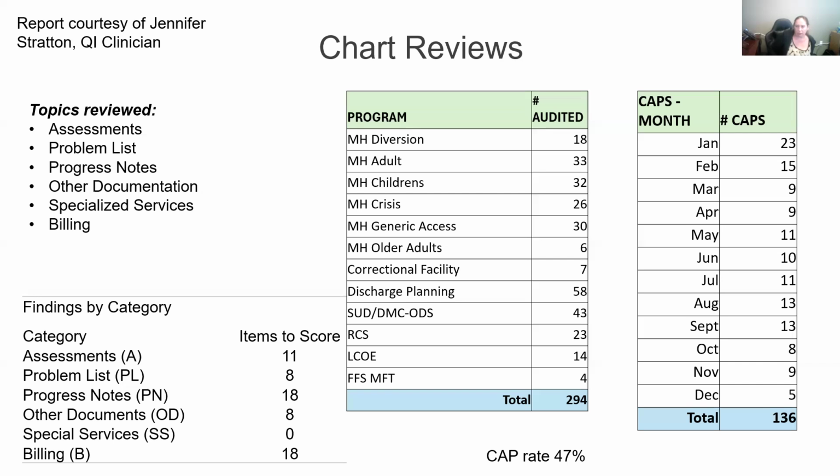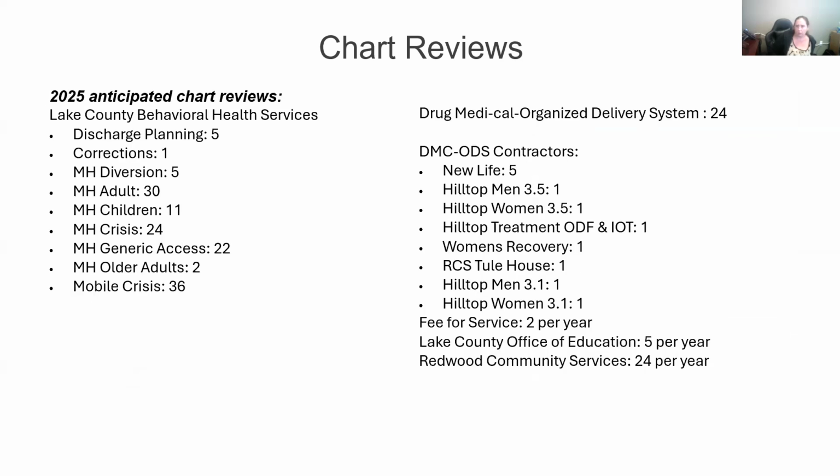And as you can see, Jen has been extremely busy pumping out those chart reviews. And that's a good indication of really reviewing all of the work of our department and ensuring that we're providing quality services. Going forward, she is planning on expanding to our DMC ODS contractors. And one portion of this chart review process doesn't just end at the cap or corrective action plan that is issued.